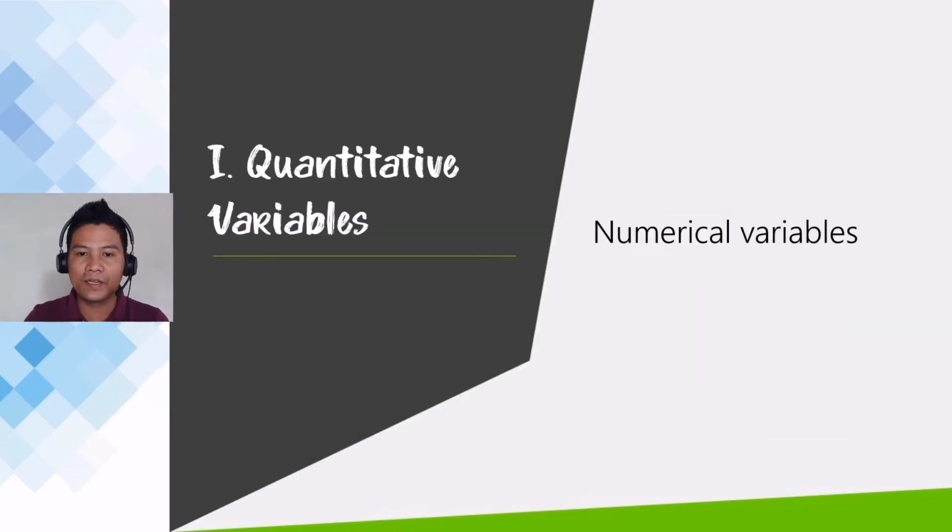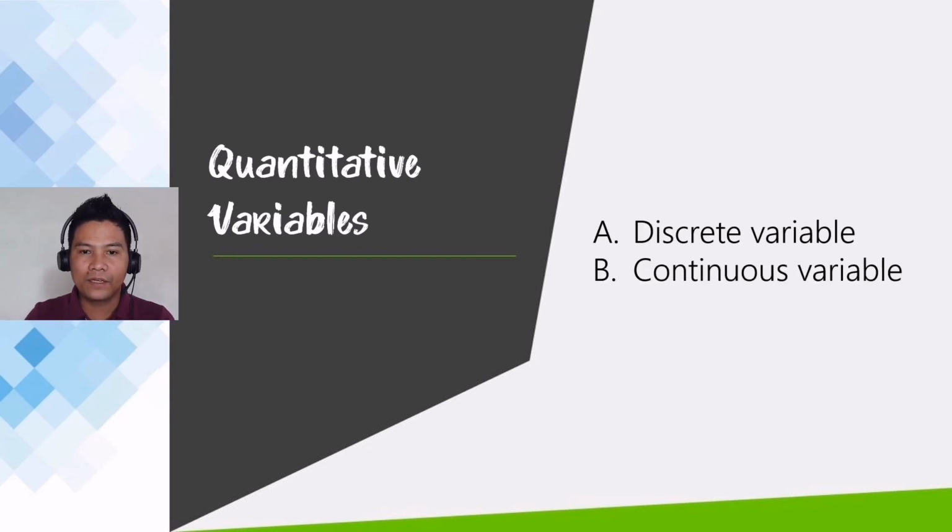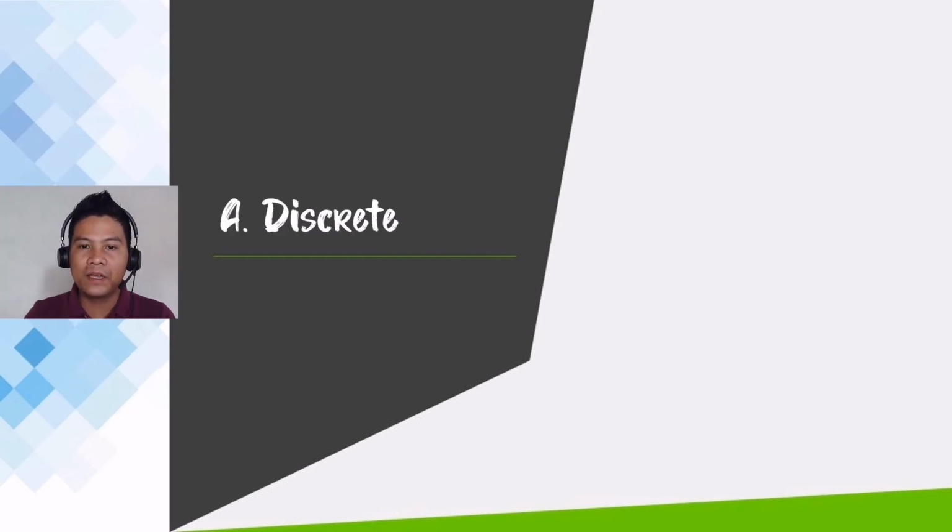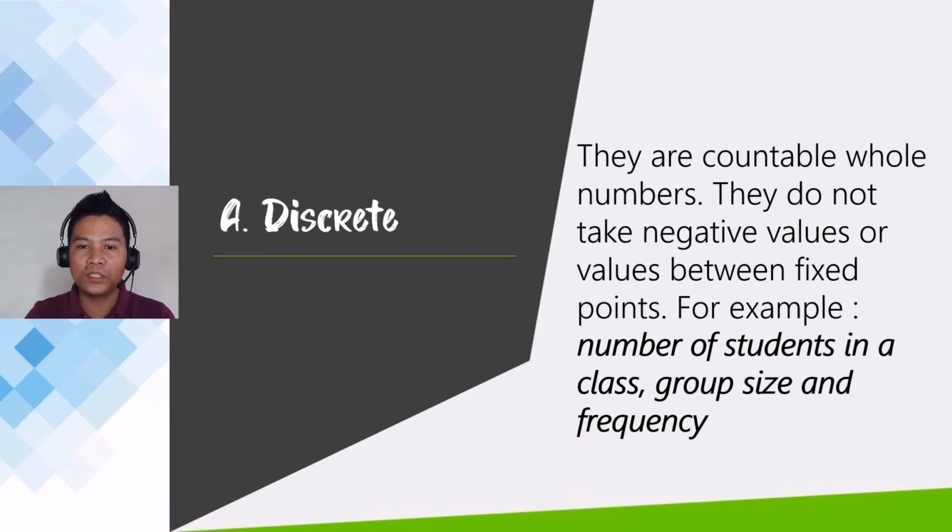Quantitative variables, under it are the numerical variables. We have A, discrete variable, and B, continuous variable. Discrete variables are countable whole numbers.